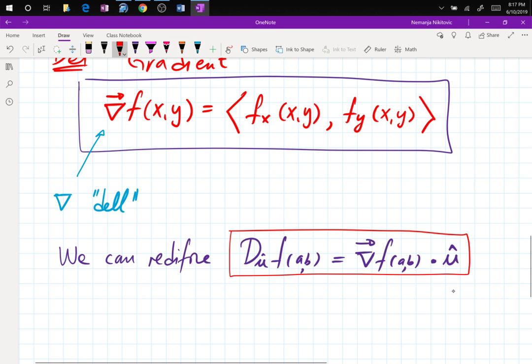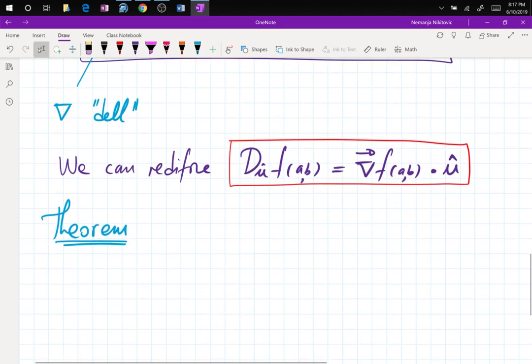So now it's time to talk about the gradient, and then we'll see that we can calculate stuff. So this is really cool. Theorem, directions of change.